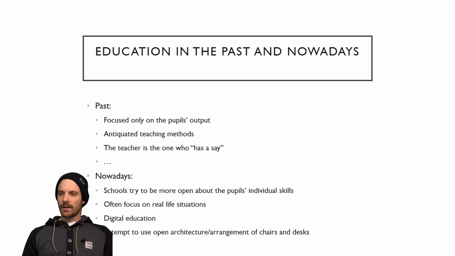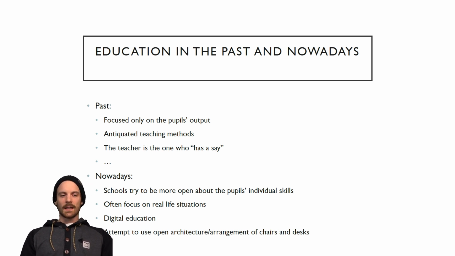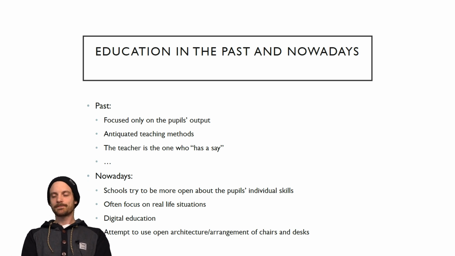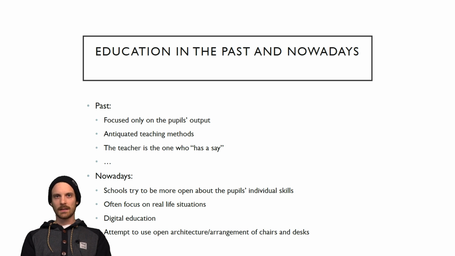Basically what goes hand in hand with antiquated teaching methods is that the teacher was the one who had the say. So it was a really hierarchical construct. And nowadays it should be better, but of course some schools are trying, some schools are not trying.